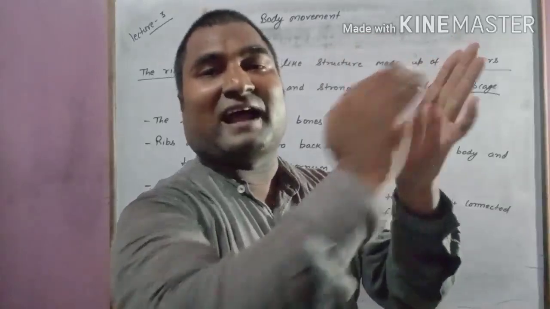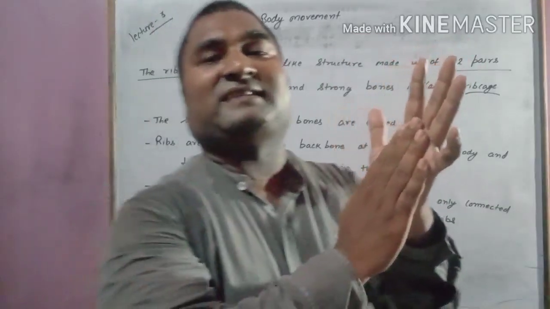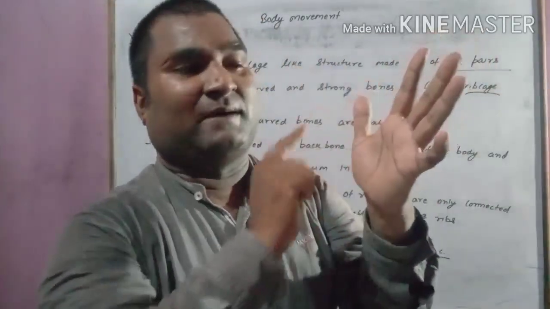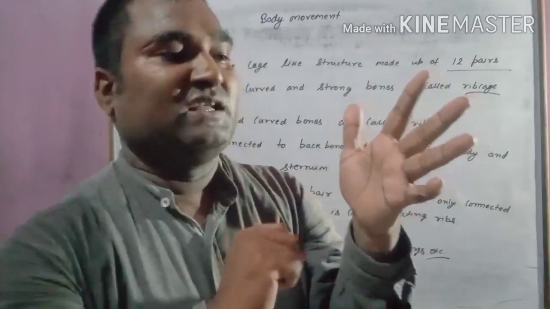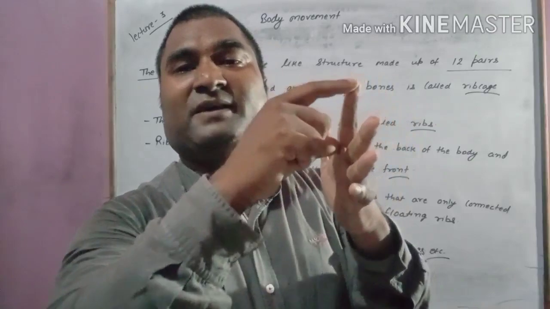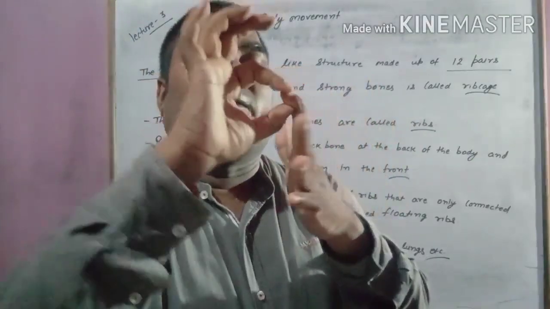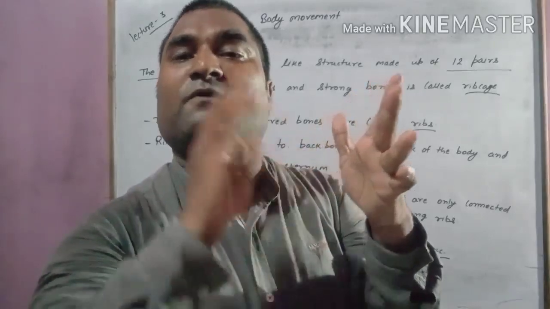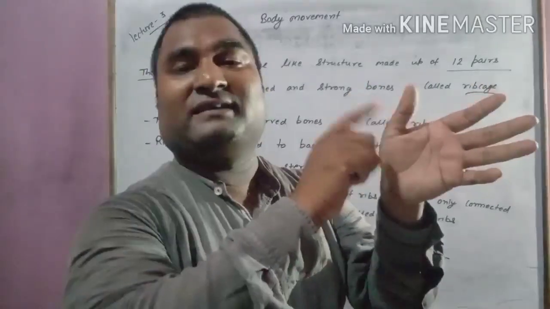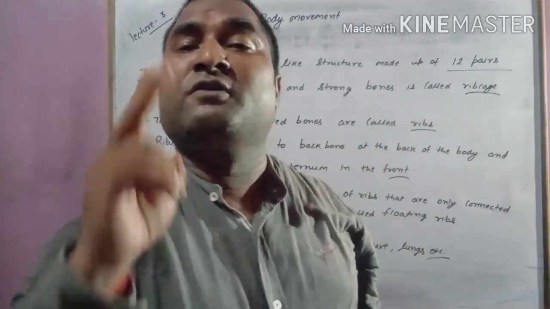On the other side, it has four fingers and a thumb. Each finger is made up of 3 bones, and the thumb is made up of 2 bones.